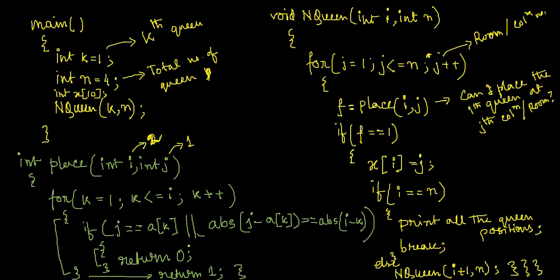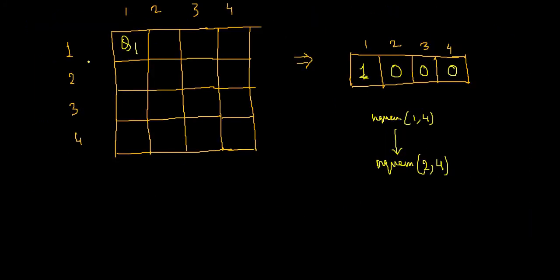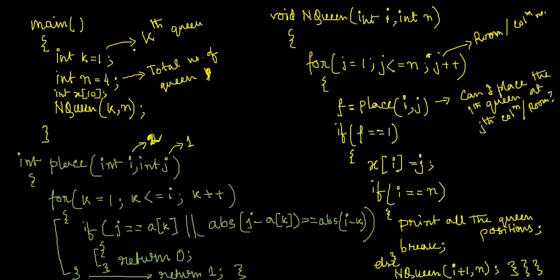Since there is a match, it will return 0 and it's correct. From this picture I can see that if we place queen 2 over here, it is not possible because of the same column. And because of that, automatically this particular criteria becomes correct. So return 0. That means you cannot place the second queen in the first position.